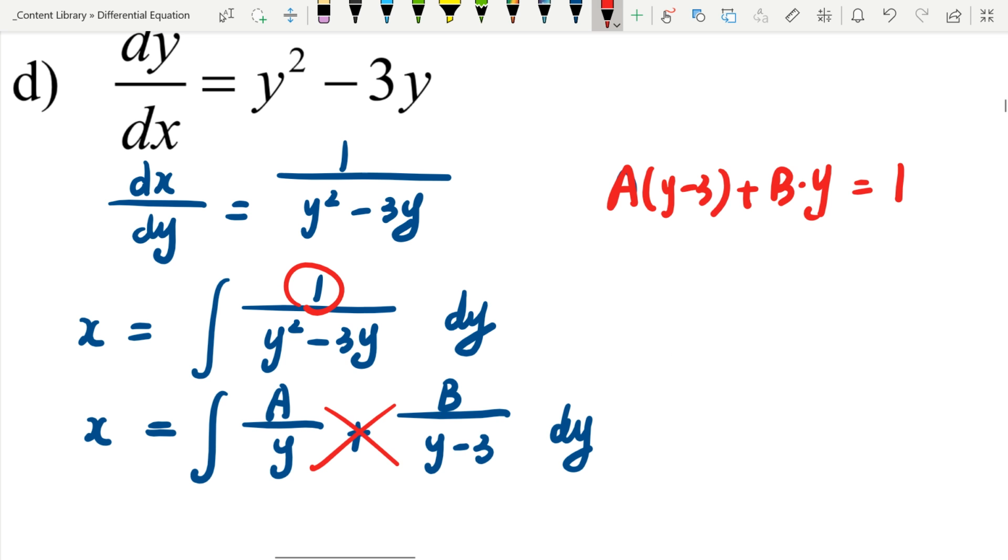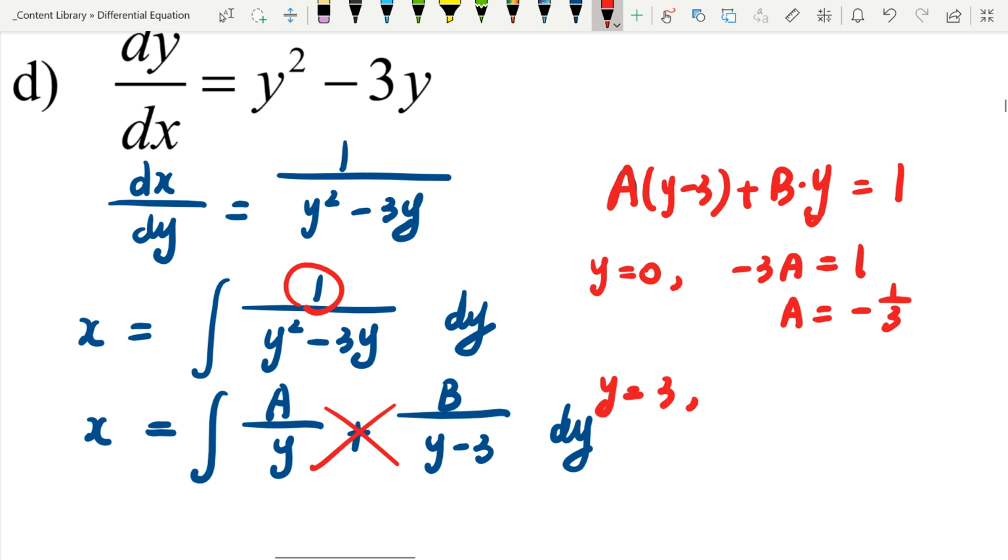Well, I see a lot of you like to do expansion. I marked your test from the previous chapter, and a lot of you just like to expand it. Try to think about just substituting values, that will be a lot easier. If you sub y equals 0 in this case, you just have minus 3a equals 1, and a equals negative a third. You just need to pick smart values.